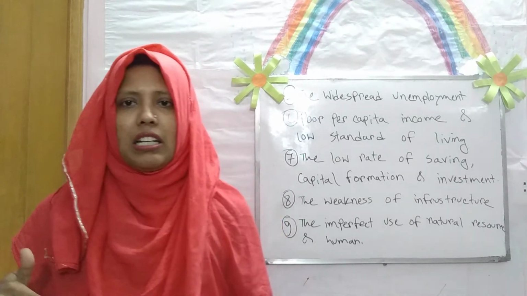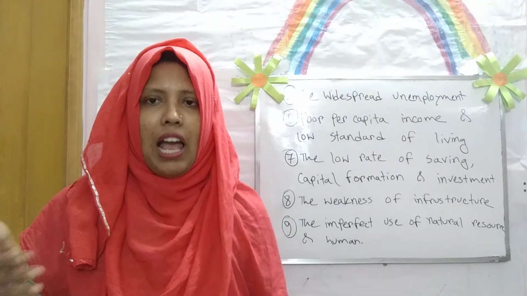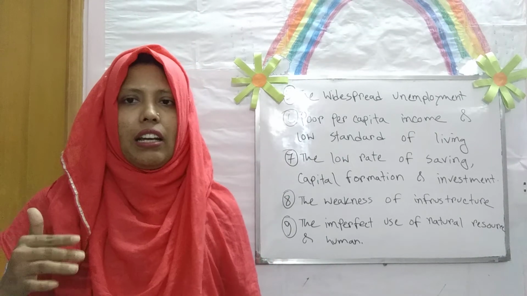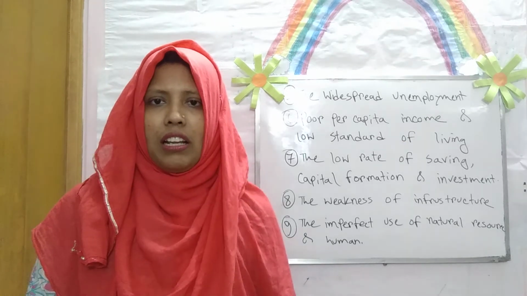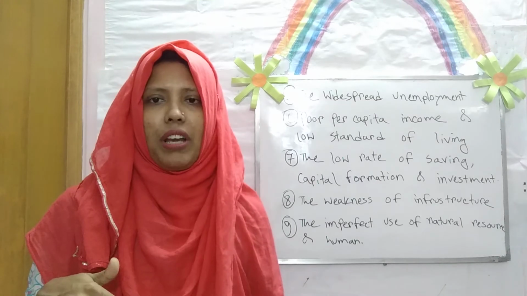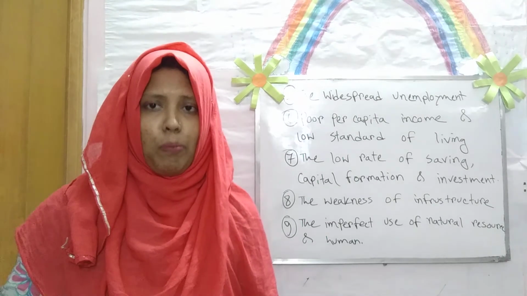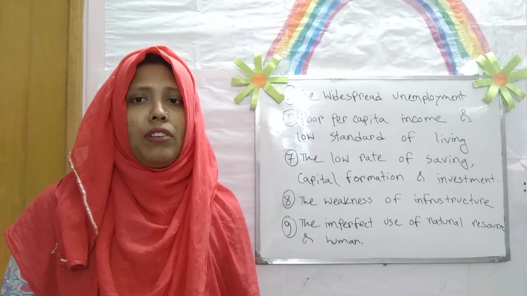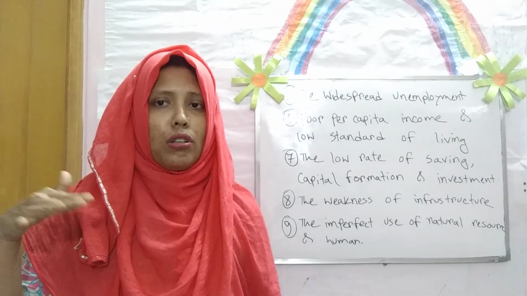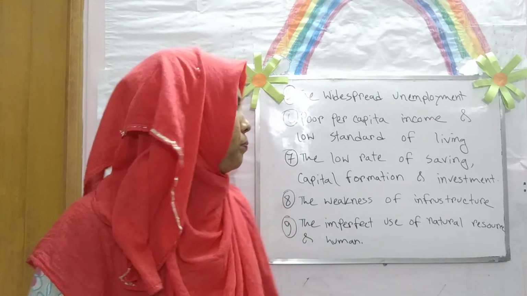In our country, many people are in a low standard of living, and many people are in a high standard of living. That's why our per capita income is not increasing day by day properly, and our standard of living is not increasing properly.